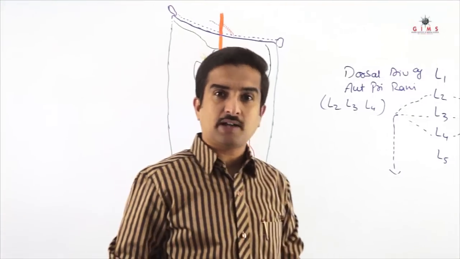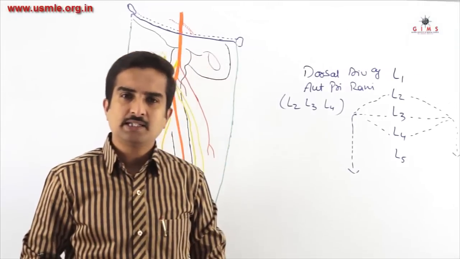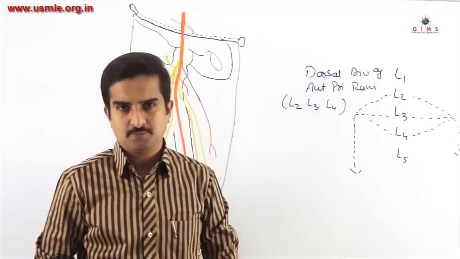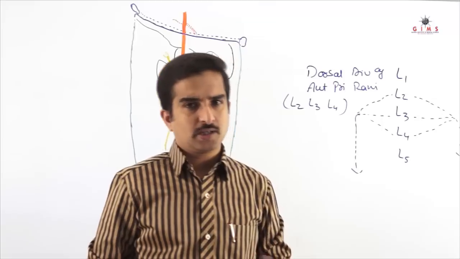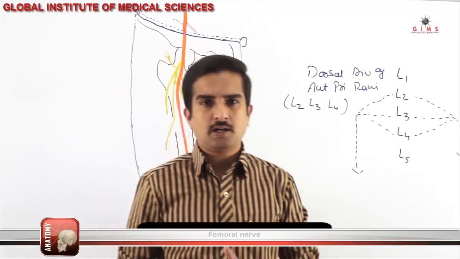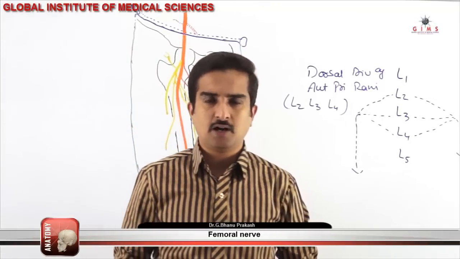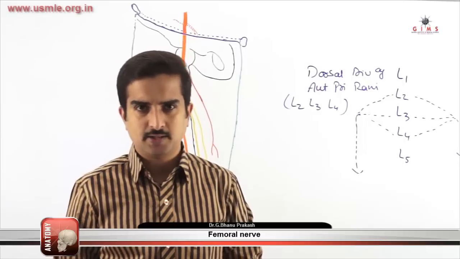Remember, in the femoral triangle the femoral nerve is lateral to the femoral artery, and it is located outside the femoral sheath, which encloses the femoral artery in the upper part of the femoral triangle, right?